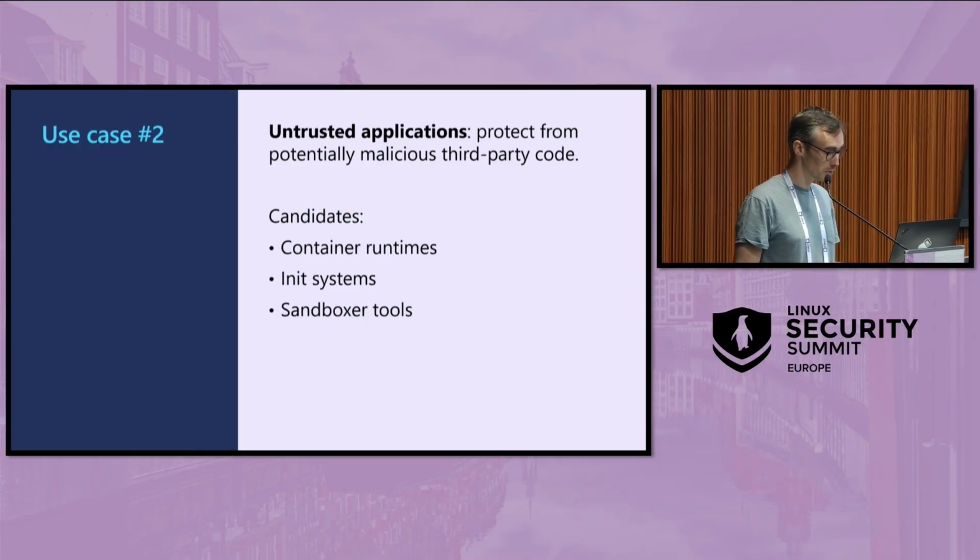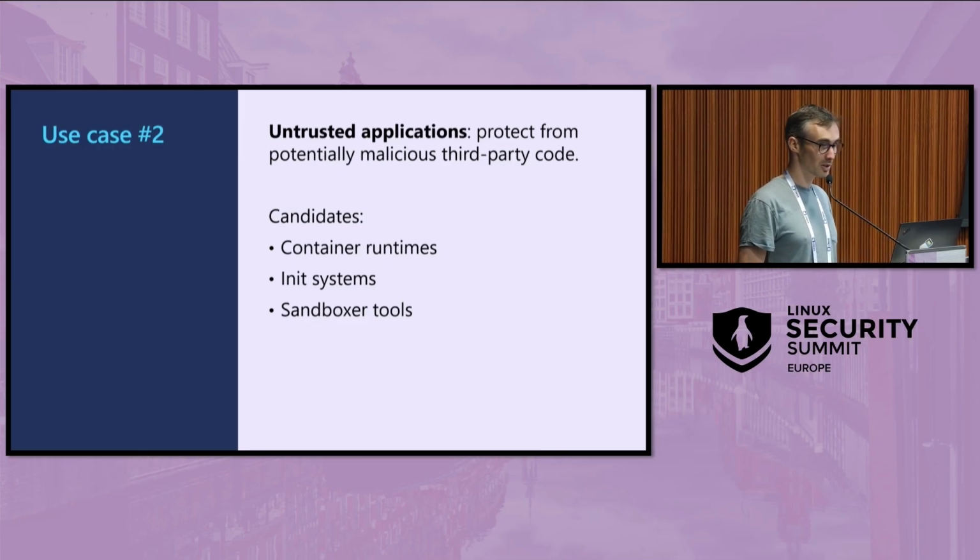You might use an init system that launches some services, or you can just launch applications with a wrapper that will create a sandbox and launch the application inside this context. This talk is about this second use case, but first I will explain a bit how we can use the first use case and why we needed some new stuff for the second use case.